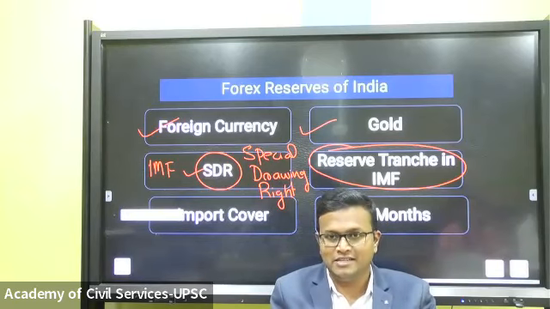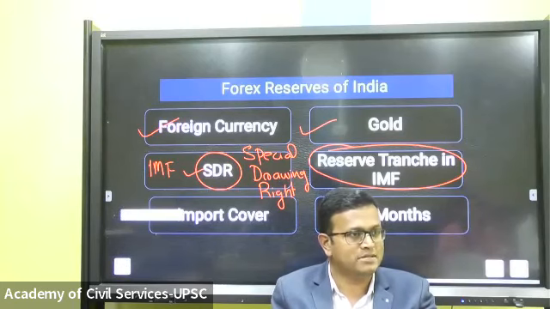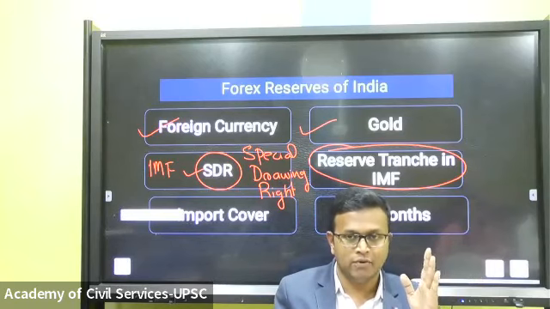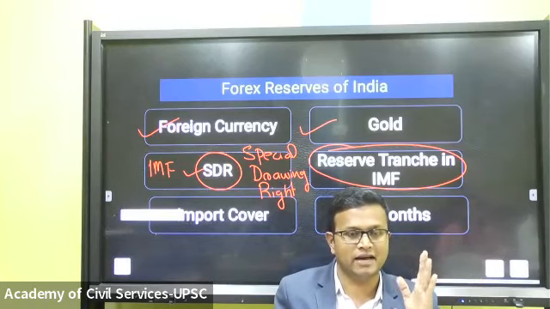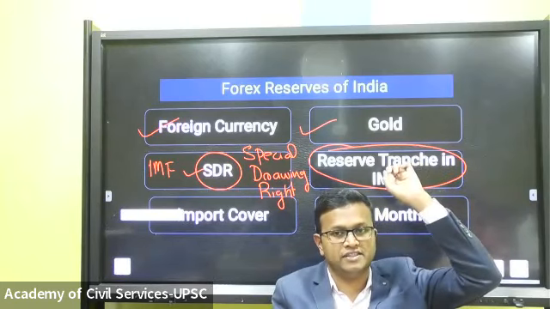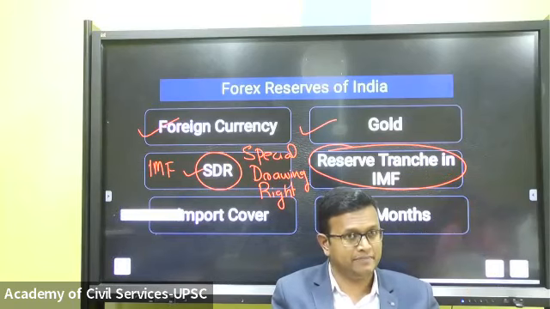Same way, instead of keeping all reserves here in India, some reserve we are keeping outside India. In IMF headquarters, we are keeping certain foreign currency as a reserve, which is called the reserve tranche of India with IMF. Earlier, before the 1980s, we used to keep gold with IMF.